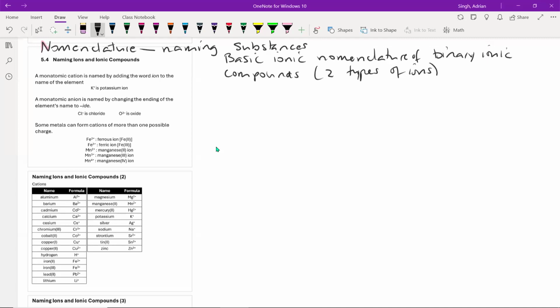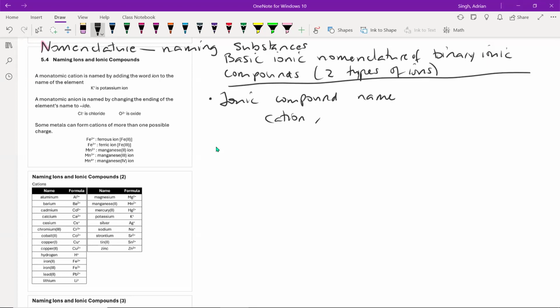Okay, so we've seen that we need positive ions and negative ions to make ionic compounds. When we name the ions, when you put them together in the name of the compound, we want to do it in a particular order. So the name for our ionic compound is always going to be as follows. Okay, the cation name goes first, followed by the anion.